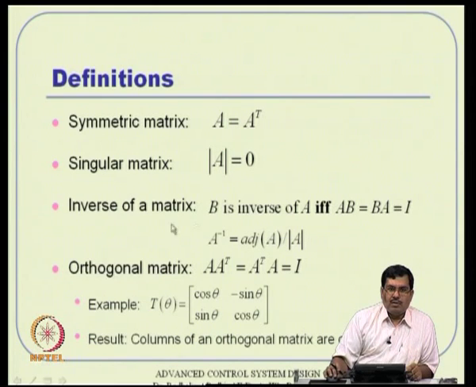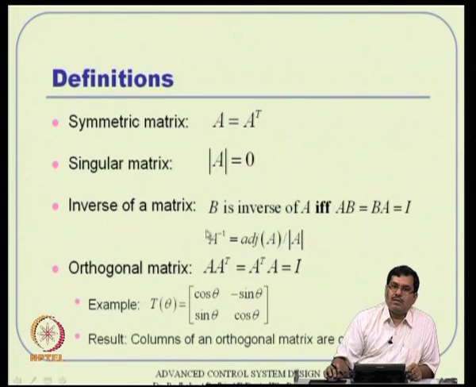Now, what is the inverse of a matrix? That is the next concept. By definition, matrix B is an inverse of matrix A if and only if A times B is equal to B times A is equal to identity. If that happens, then B and A are inverses of each other.